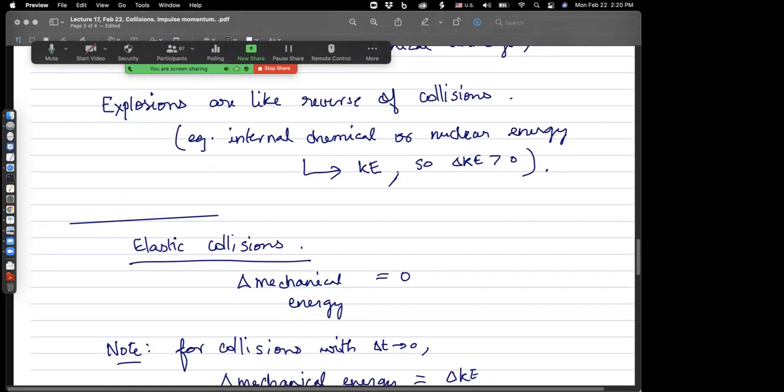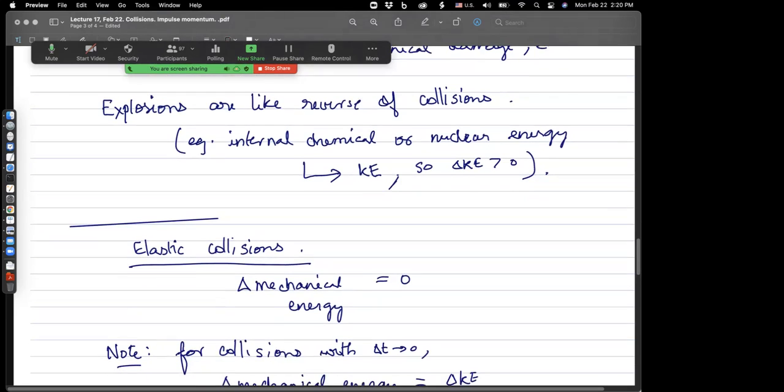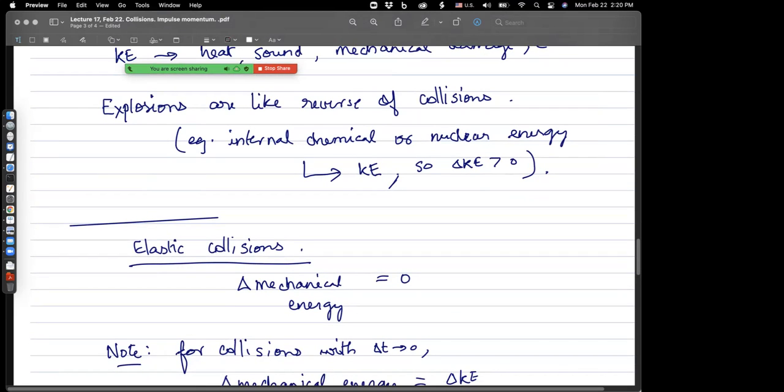Okay. And then, like Ian mentioned, going back to collisions, there are a couple of different kinds of collisions. Elastic collision is a very, very special case where the change in mechanical energy, delta meaning change, is exactly equal to 0.